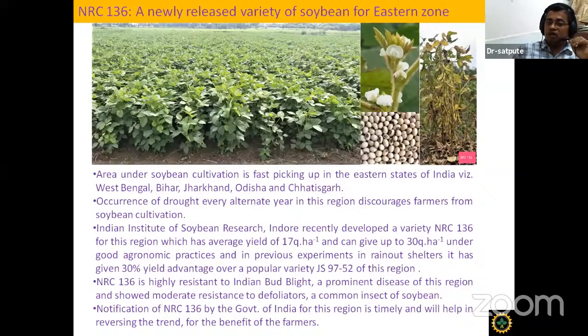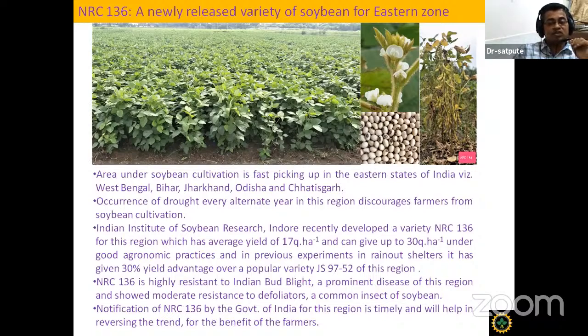Occurrence of drought every alternate year in this region discourages farmers from soybean cultivation. The Indian Institute of Soybean Research Indore recently developed NRC 136 for this region, which has an average yield of 17 quintals per hectare and can give up to 30 quintals per hectare under good agronomic management practices.